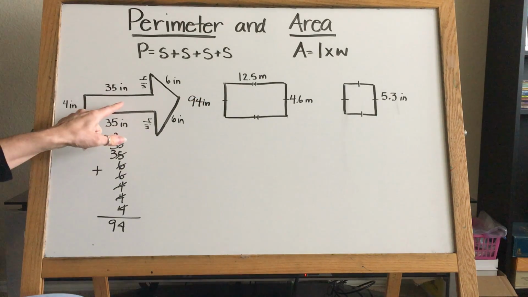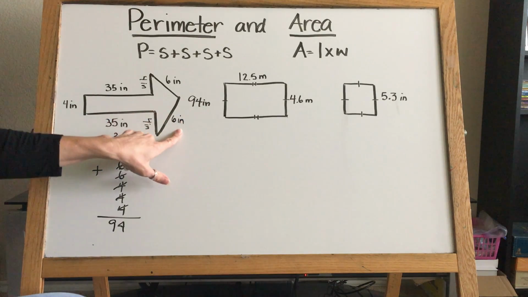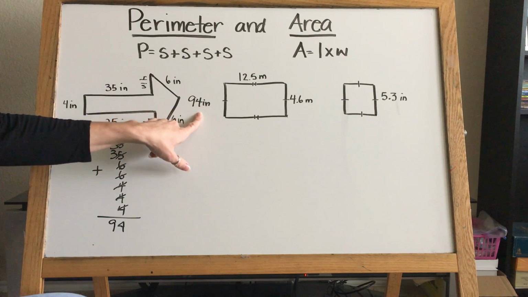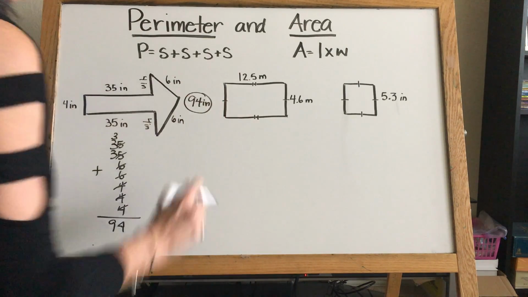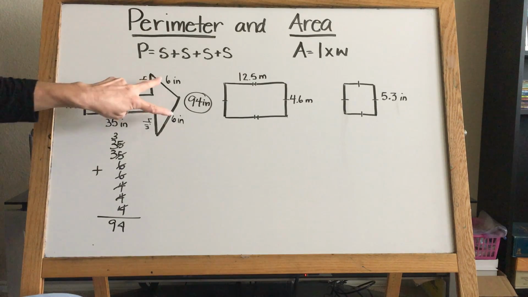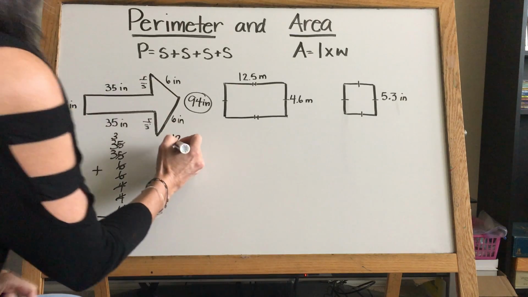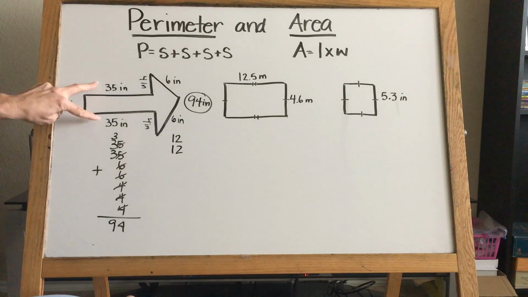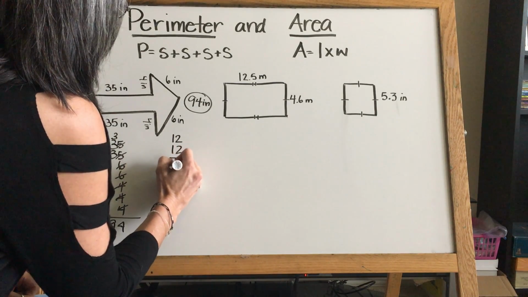Now, it's perimeter, so it's not squared, it's just distance around, so you're always going to have a unit of measure. You always want to include your unit of measure in your answer, so the complete answer for this would be 94 inches. Now, if we wanted to do this mentally, we've got 6 plus 6 is 12, you know that 4 times 3 is 12, and you probably could double 35 to 70, but if not, let's just say that you knew 35 plus 35 was 70.